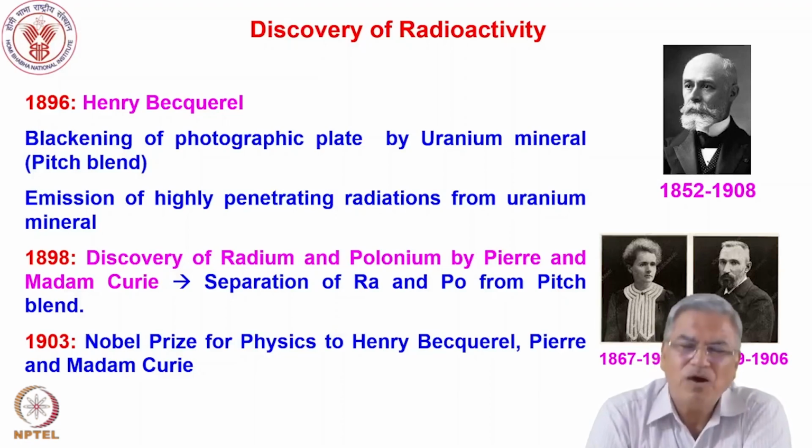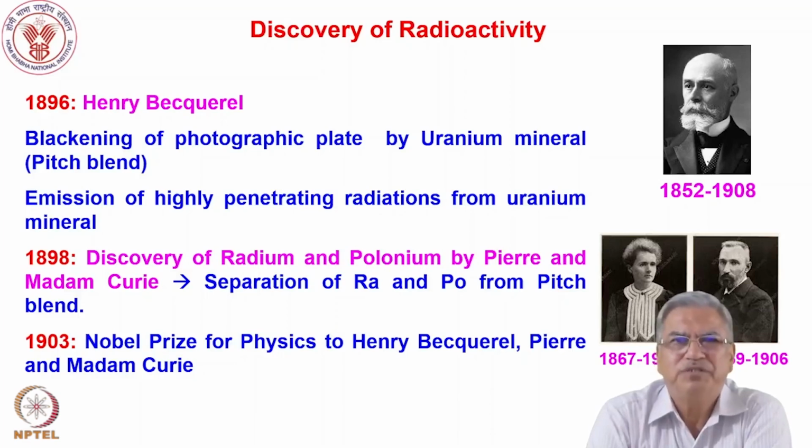In fact, based on the half-life of uranium-238, which is of the order of 10^9 years, the specific activity, that means the activity per gram, was found to be much more than what you expect from the half-life of uranium-238. And so, Madame Curie predicted that this uranium pitchblende contains some more elements which are more radioactive, meaning they have higher specific activity than uranium.